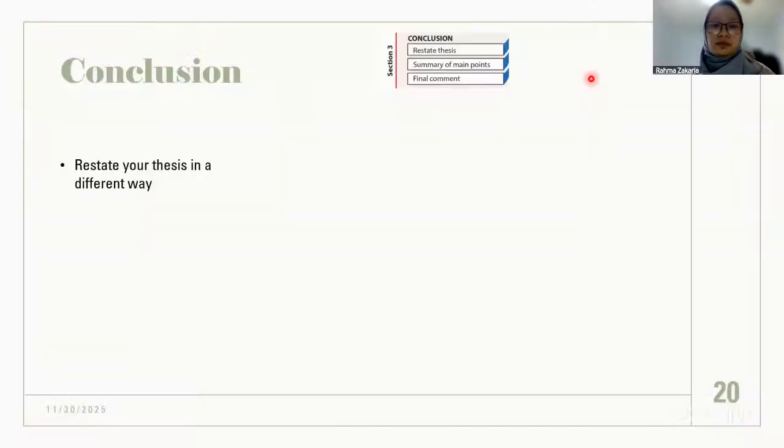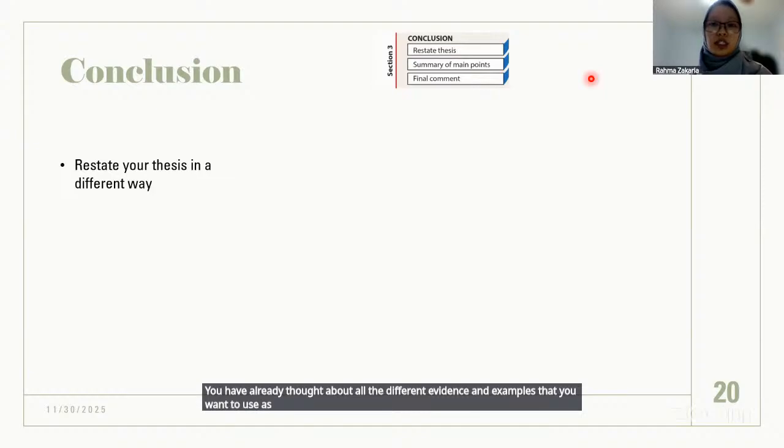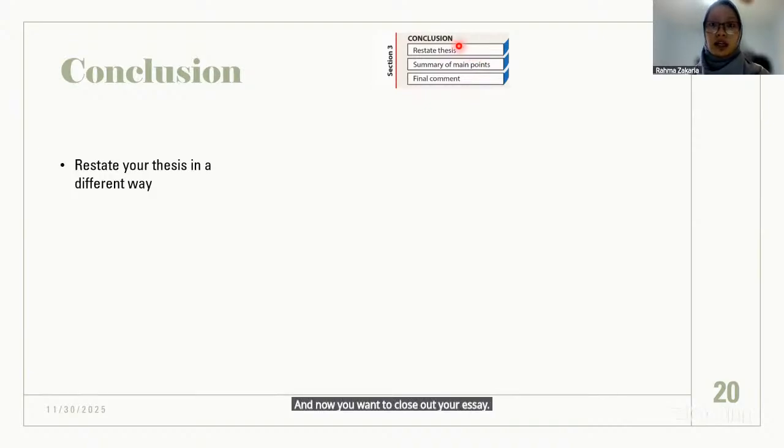Okay. And let's think about the conclusion. So let's say you've outlined your introduction paragraph, you have your thesis statement, you have already thought about all the different evidence and examples that you want to use as your main points to support your thesis statement. And now you want to close out your essay and conclude it.